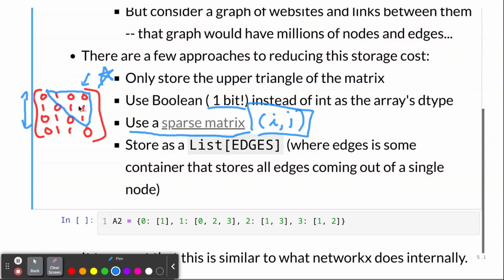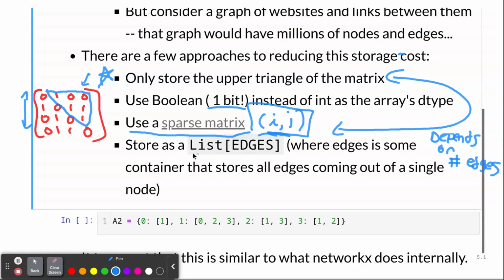So whether this is more or less than 6, like we have here, would depend on how many edges there are in your graph. If you had only 2 edges, then this would make you store 4 numbers. But if you had, in this example, 4 edges, you'd end up storing 8. So which one you would choose between these two depends on the number of edges.